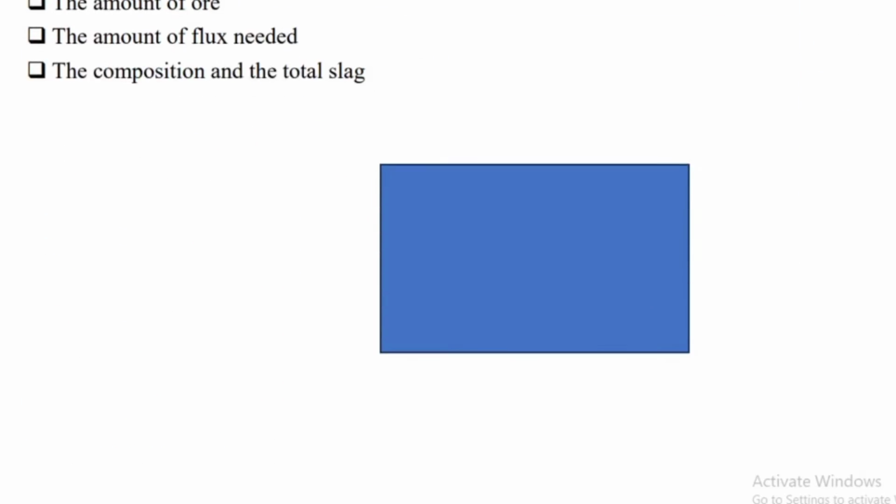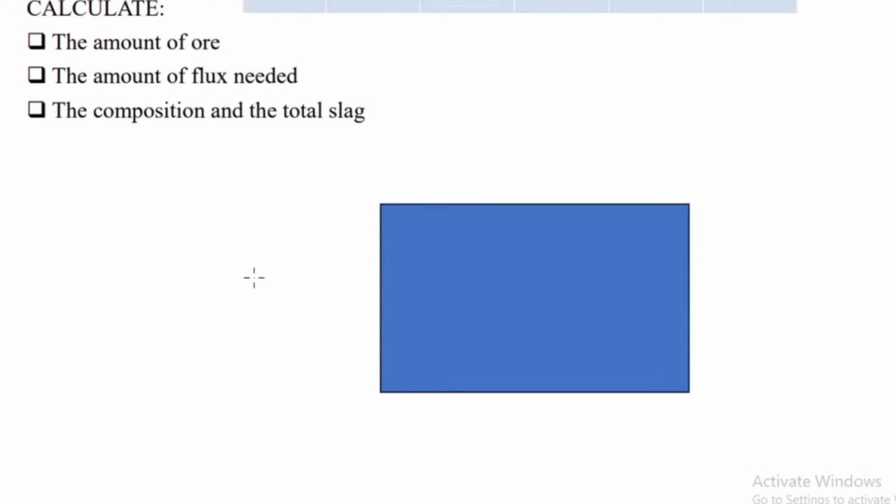Now, before you can do this, you need to have a block flow sheet diagram of what they are talking about. So this is the blast furnace, BF. And then we have three things coming in. We have the ore, we have the coke, and we have the limestone coming in.